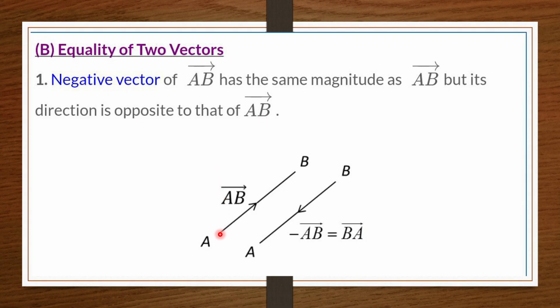One is moving from point A to point B, which is labeled as AB. The second arrow is moving down, that is from point B to point A. Therefore, it is written as BA or negative AB, since it is going in the opposite direction.